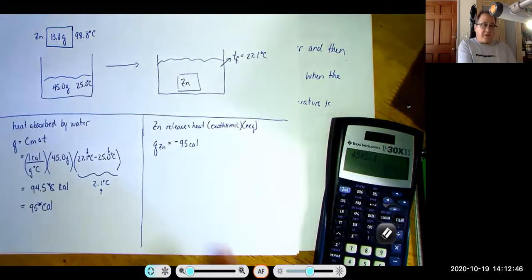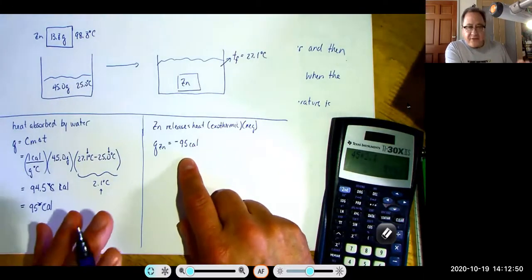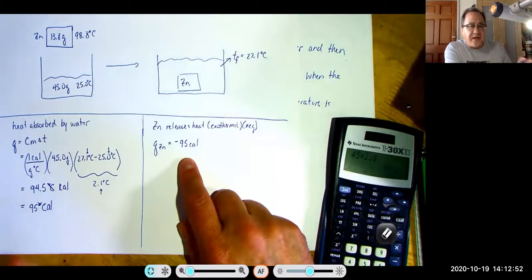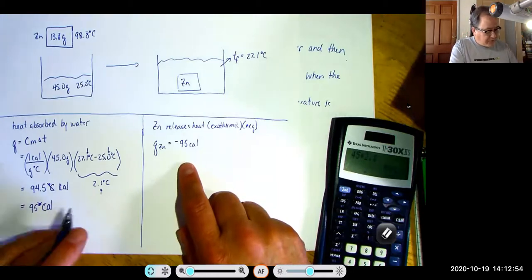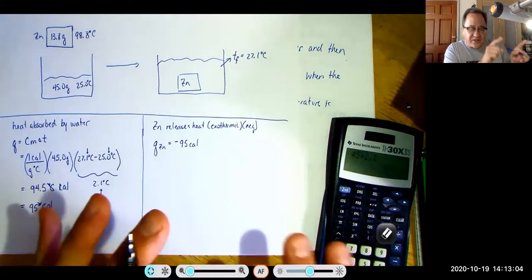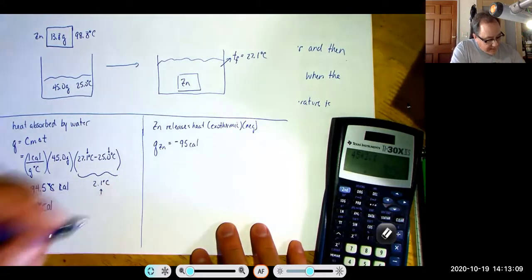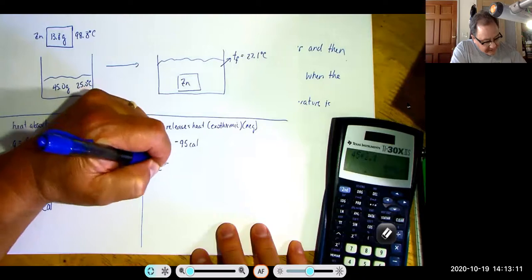You might be wondering, can you really have a negative value for heat? And the answer is absolutely. It's just the direction of heat flow. This says heat is flowing from the zinc. There is no positive or negative heat or energy. It's just the direction of which way it's going. So here we want to solve for the specific heat capacity, which is this.